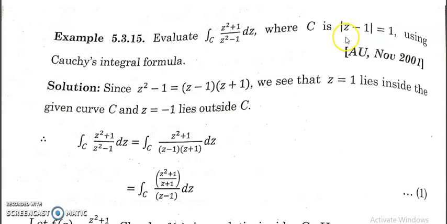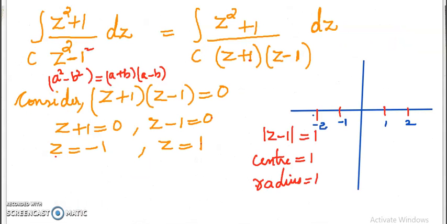Our curve C is mod z minus 1 equal to 1. Now how do we draw this circle? Let me explain. Mod z minus 1 is equal to 1. We know that mod z minus a equal to r is the general form, where a is the center and r is the radius.